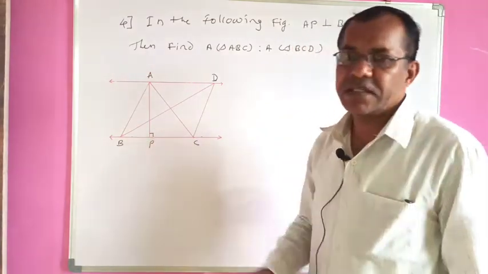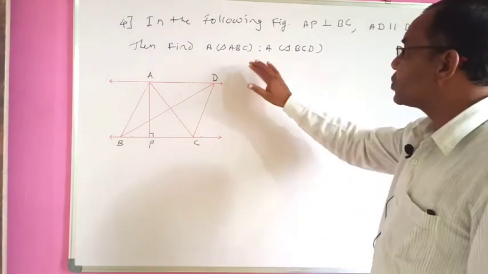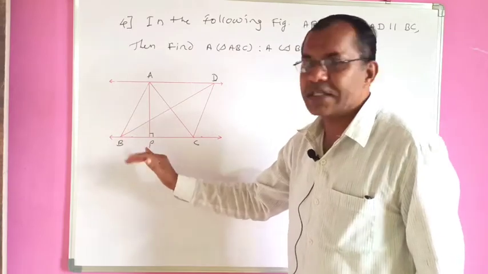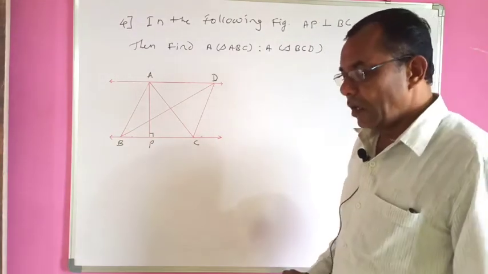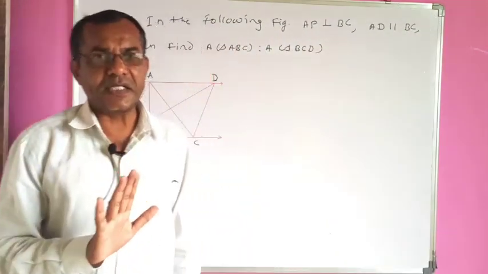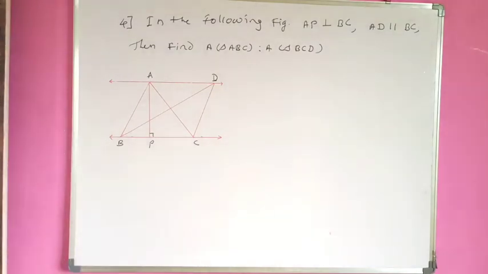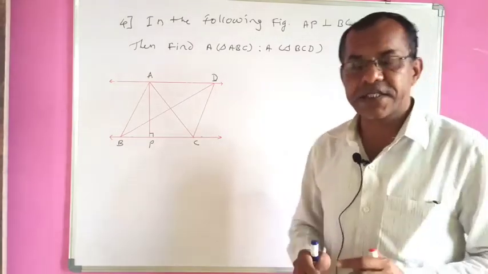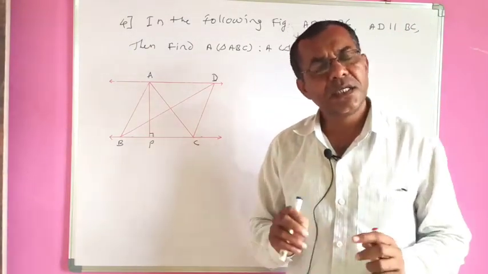Now in these two triangles, the base is common and height AP is also common. Okay, now if the base and height are congruent or same, then the areas of two triangles with the same base and equal height are equal. The ratio must be equal for these two triangles if the base and the height are congruent.